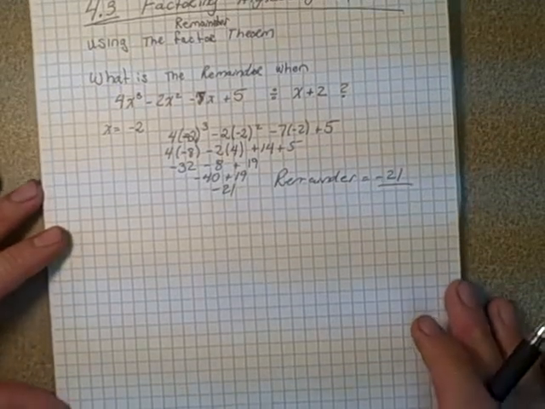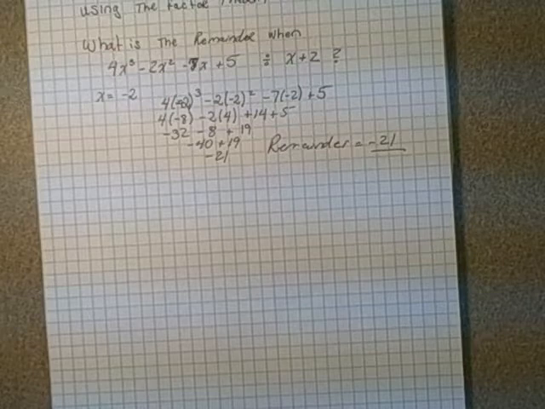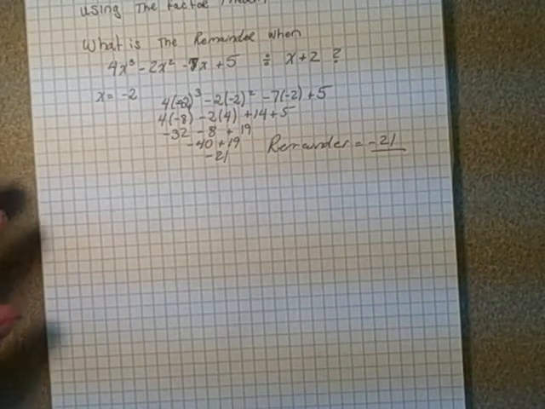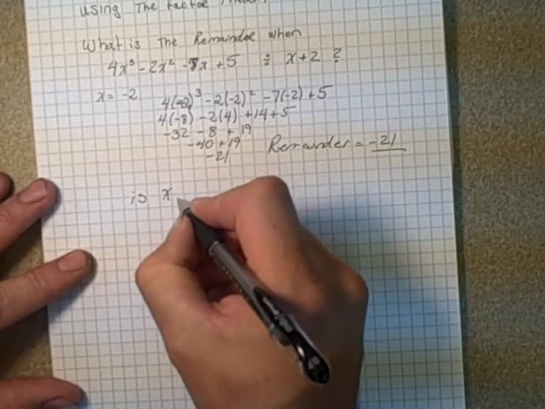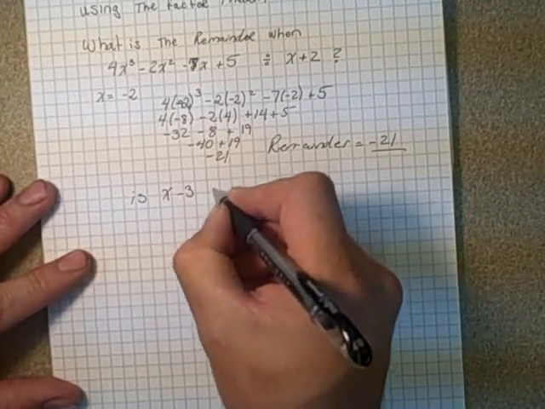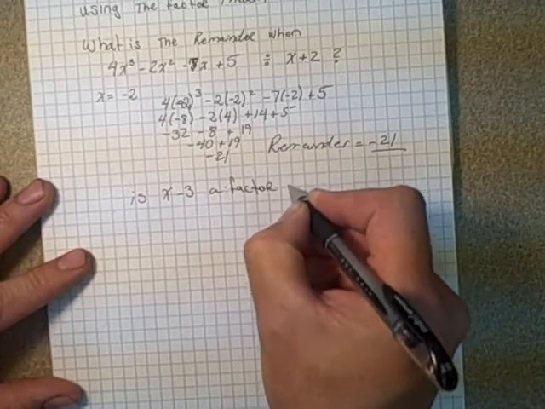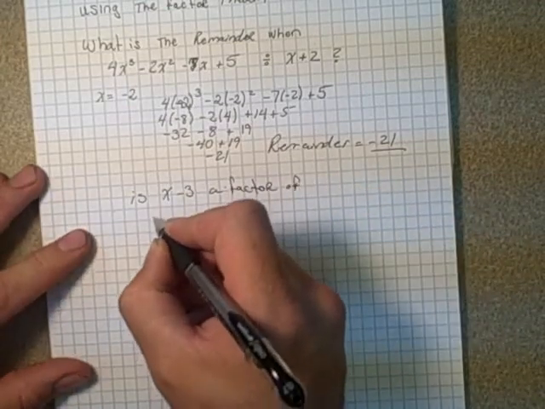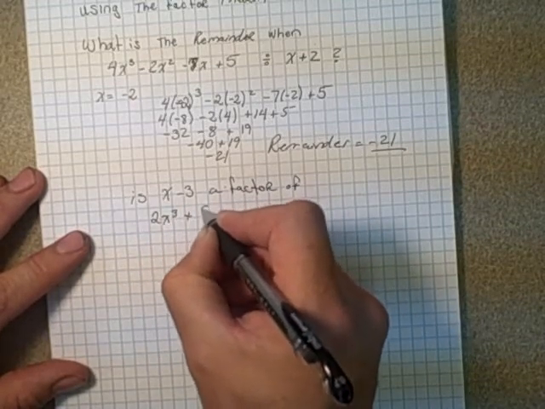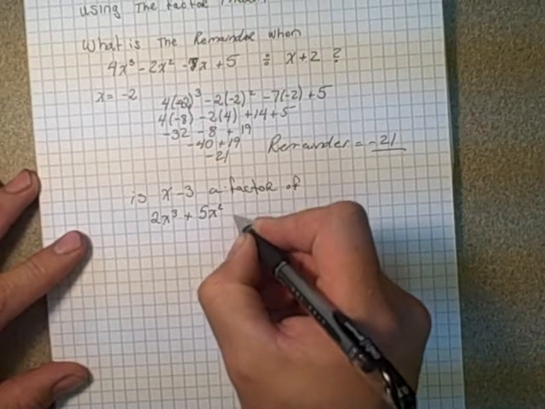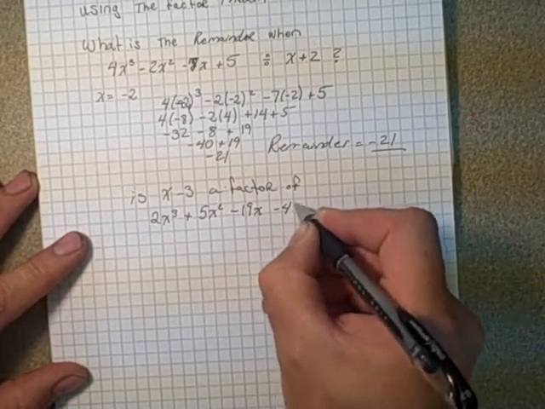So my example for that, I'm going to move this up and check the field of view here. My example for that is this. Is x minus 3 a factor of the polynomial 2x cubed plus 5x squared minus 19x minus 42?